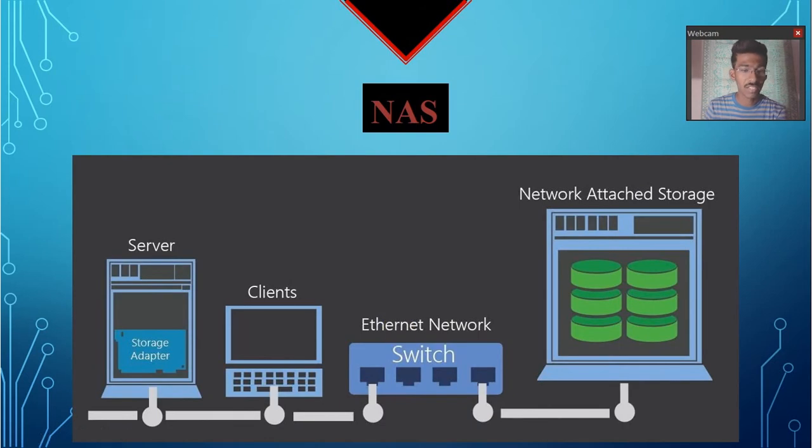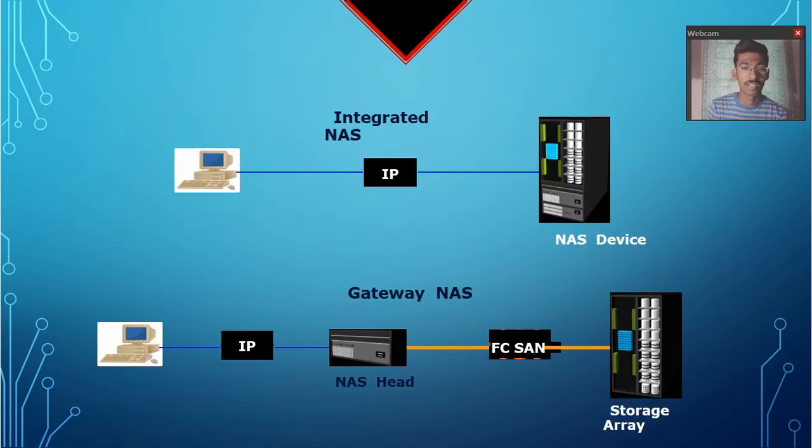In NAS, the server and client are connected to a switch which is connected to the storage network. We have integrated NAS and gateway NAS. In integrated NAS, a single system is connected through IP to a NAS device. In gateway NAS, a system is connected to the NAS head through IP, and it goes to FSCAN and then to the storage array.